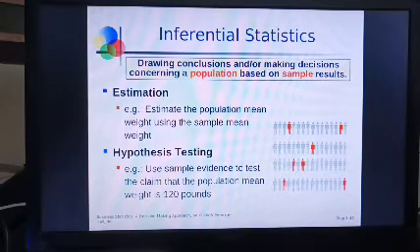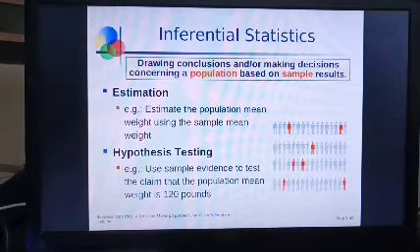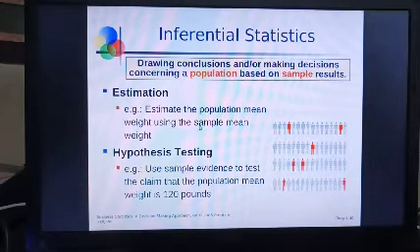Say we want to estimate the population mean weight, the average weight, using the sample mean weight. Meaning we want to estimate the average weight of, say, the average Filipino, using a sample.